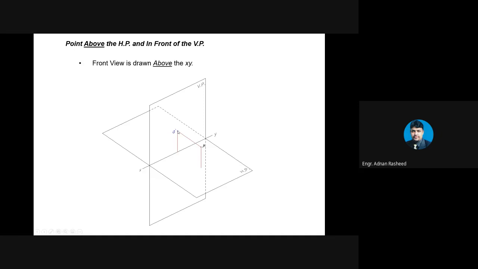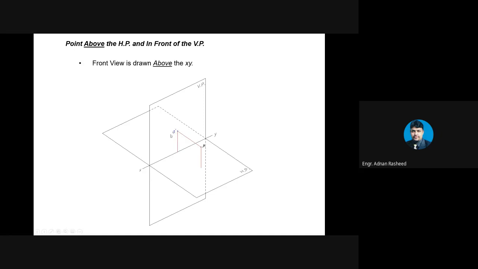You will get another point. This point is projected on this vertical plane, and the point projected on the vertical plane shows you its frontal view, and it is represented with a small letter with a prime.